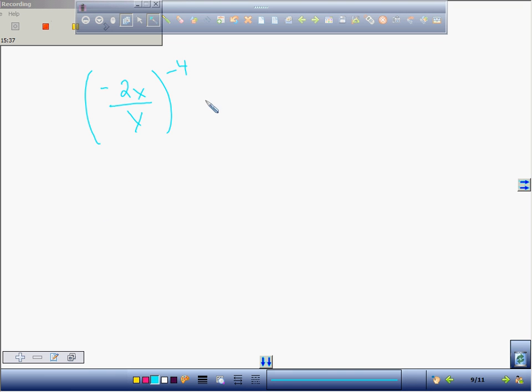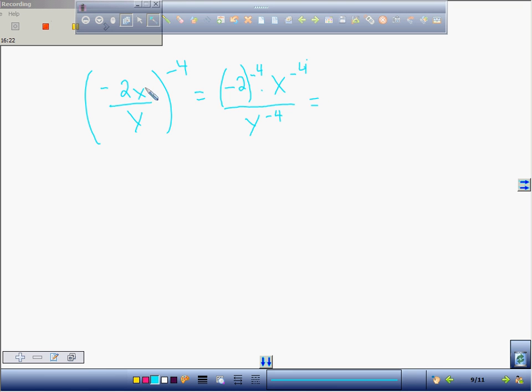Okay? So when this is negative, it means take every single thing in here and raise it to a negative power. So you have negative 2 raised to the negative 4th. You have x raised to the negative 4th over y to the negative 4th.